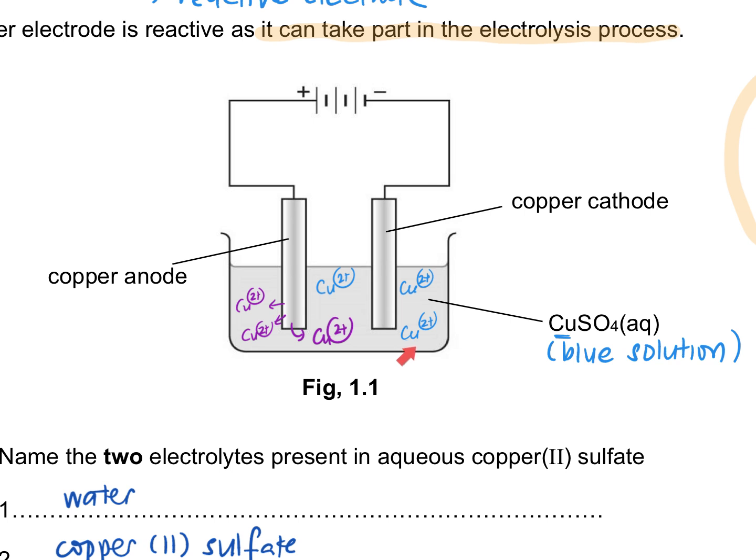Every 1 mole of Cu2+ ion reduced at the cathode will eventually be replaced by 1 mole of copper 2+ ion formed when your copper anode dissolves. So this will go on until the copper anode disappears? Yes, in a way. If you have 5 copper 2+ ions discharged, they will be replaced by 5 copper 2+ ions from the anode. If the anode finishes, the reaction will come to a stop.